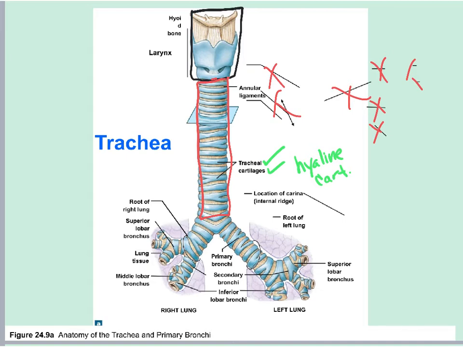So those tracheal cartilages are holding that trachea upright in the thoracic cavity, but also holding it open. In between those cartilages, the beige area, that's just connective tissue. You don't need to know what kind, but it's the connective tissue that's creating the remainder of the trachea itself.